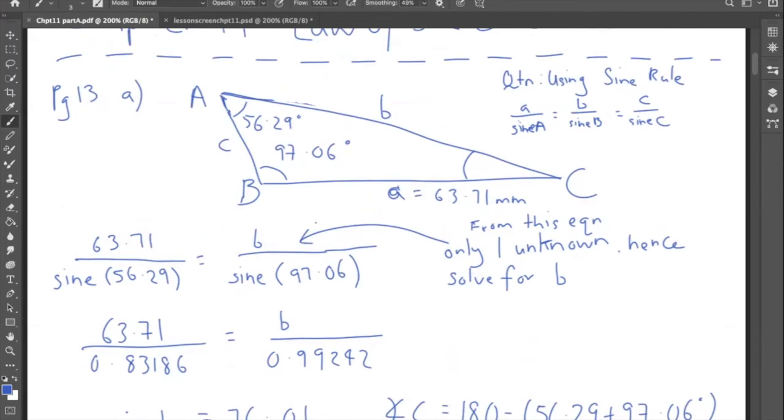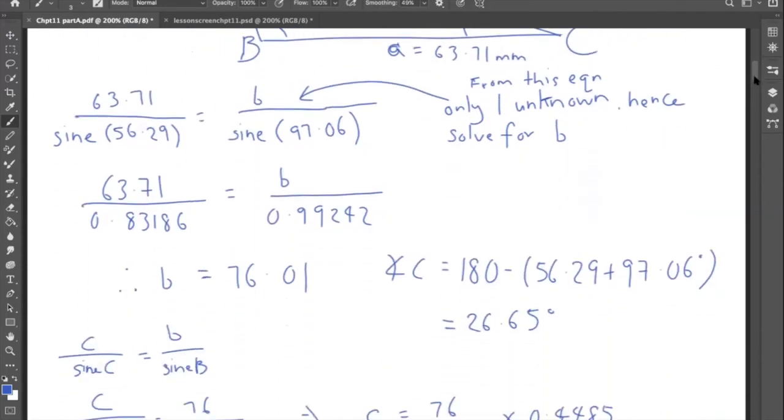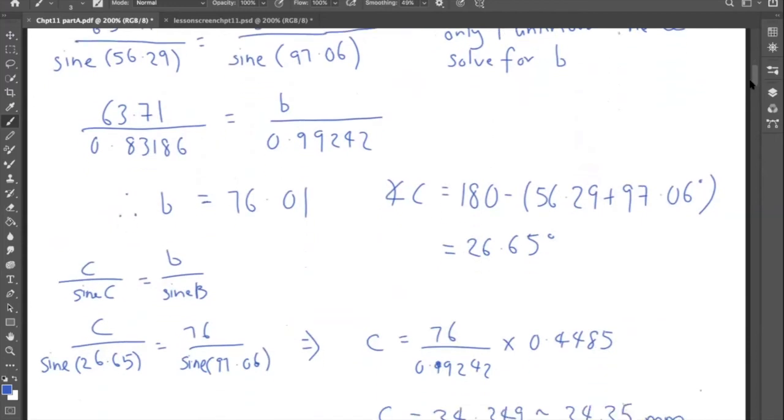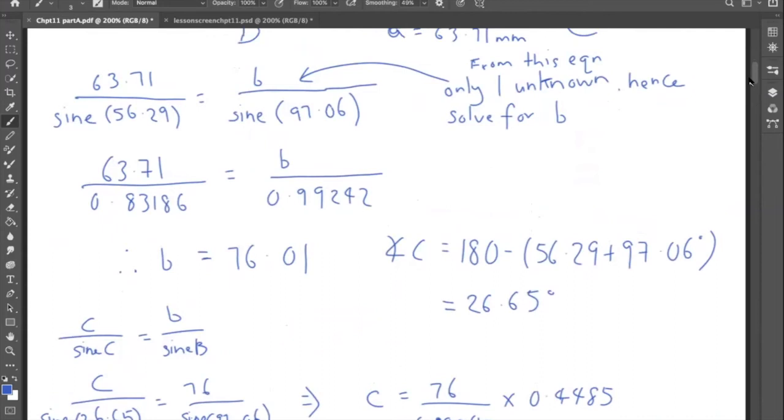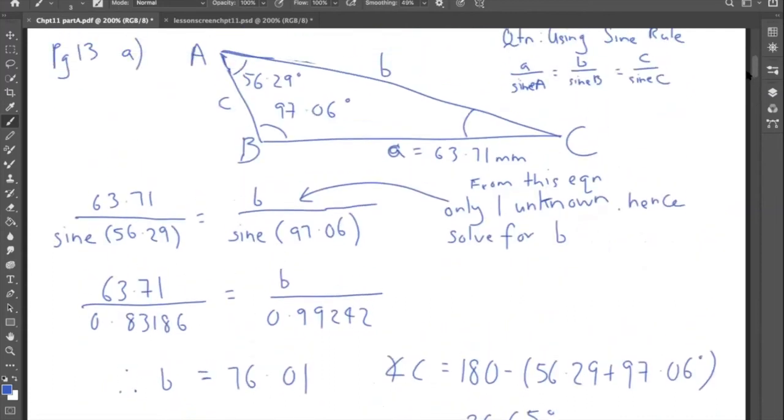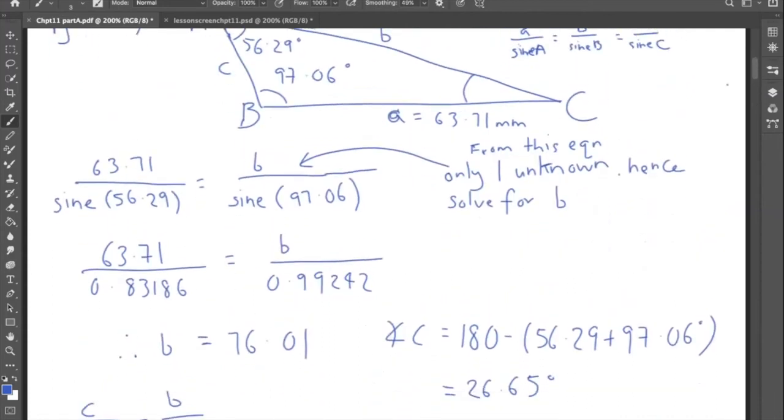So 63.71 over sine 56.29 equals b over sine 97.06. So I solve for b. The answer is in your notes. When you submit, I just take a look at your steps. So I have 76.1 mm. Let me write the length.